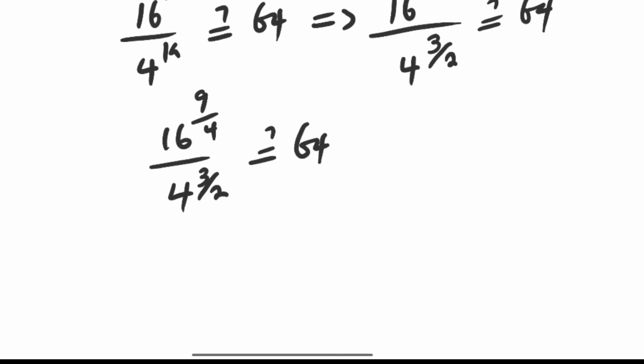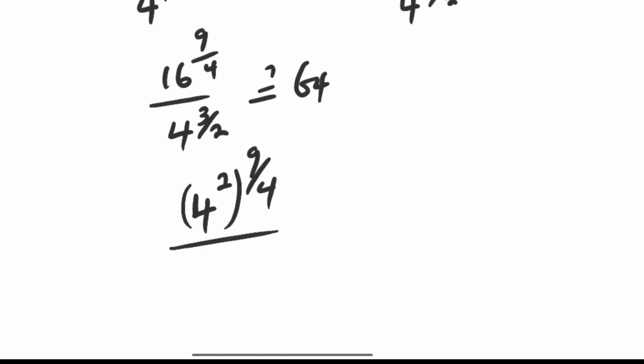And this is 4 raised to power 2 to the power of 9 over 4 divided by 4 raised to power 3 over 2 must be equal to 64. And this is same thing as 2 here 1, 2 here 2.